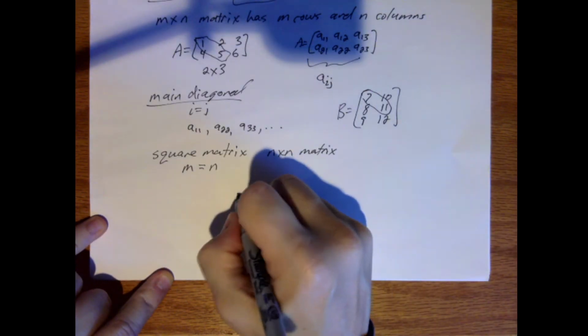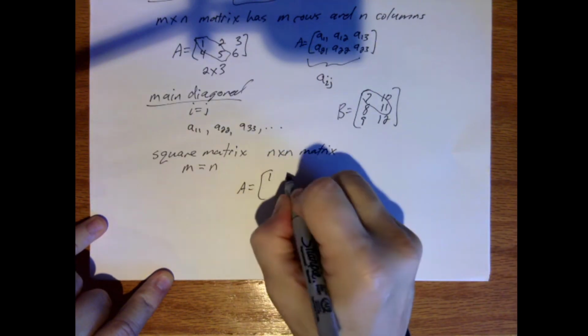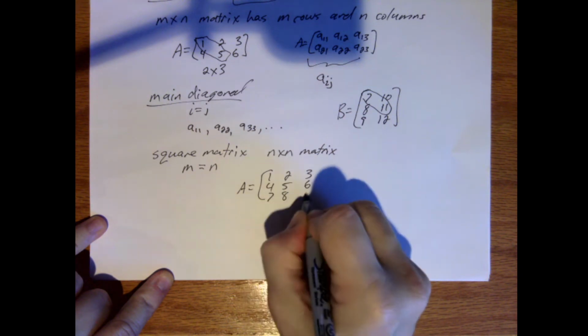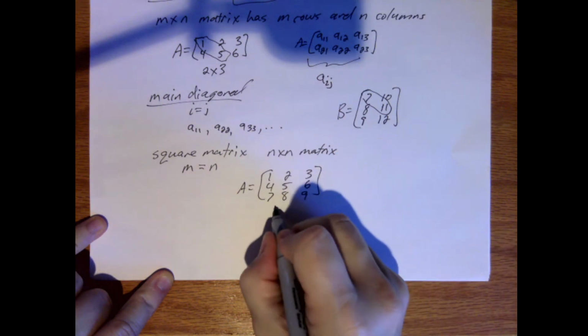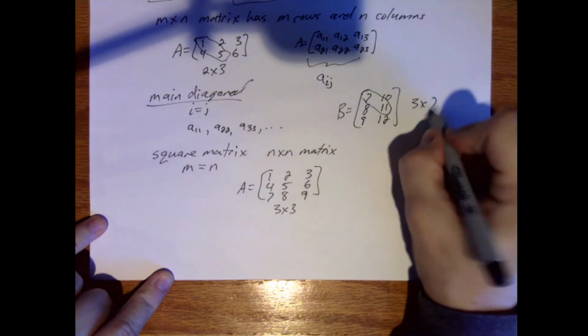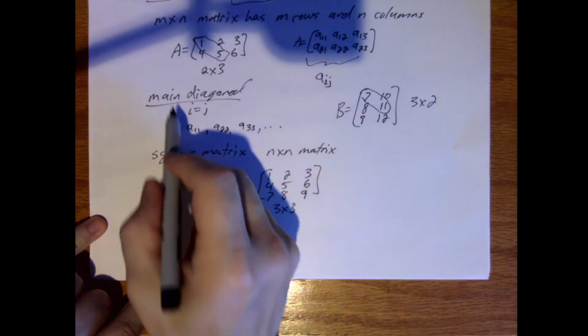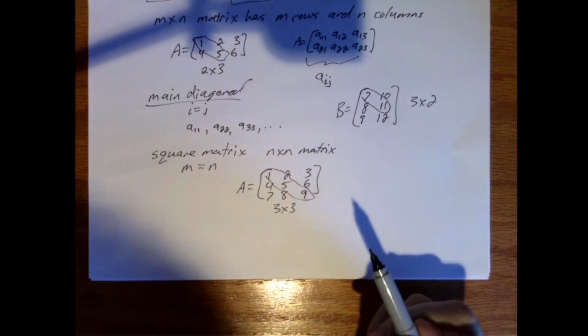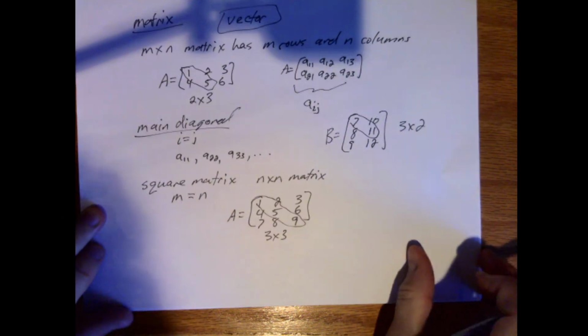So something like this: A is equal to 1, 2, 3, 4, 5, 6, 7, 8, 9. This in particular is a 3 by 3 matrix. This one right here was a 3 by 2 matrix. And going back to the main diagonal, it is the 1, the 5, and the 9. Okay? So there's one special type.